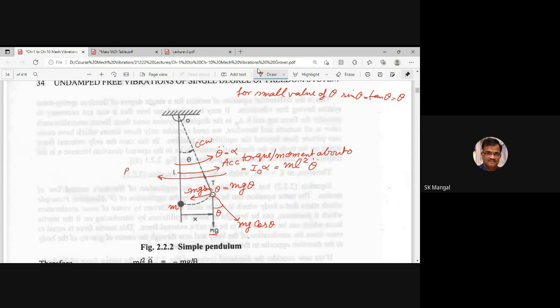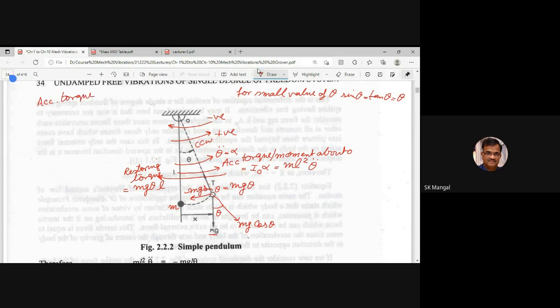This is your restoring torque, and it is given by mg theta into L. Now, if I consider this direction as a positive direction, then this becomes a negative direction.